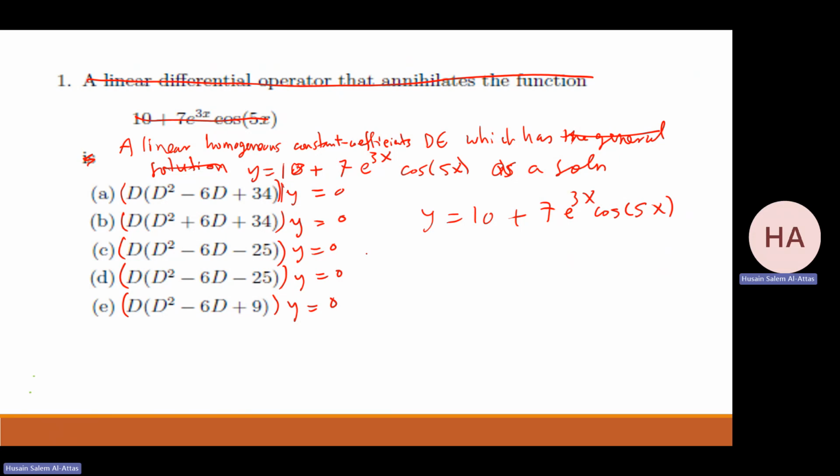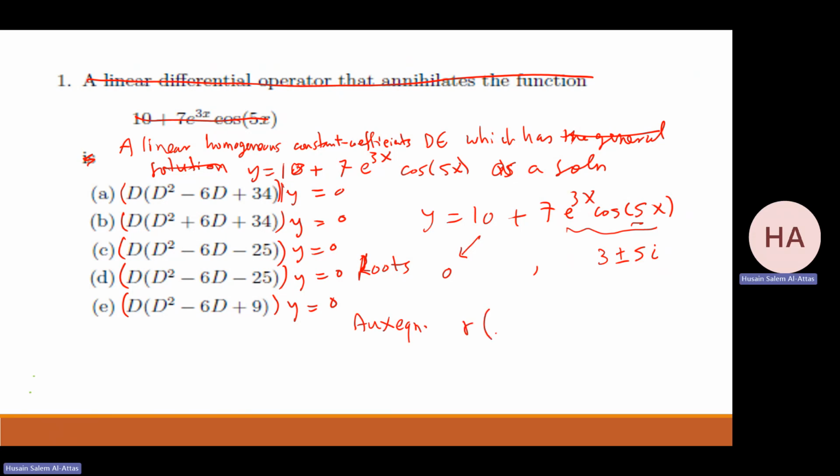What are the roots? 10 will give me 0. C1 only, and it takes C1 to be 10. This one will give me what? Which root? That will be 3 plus or minus 5i, because I know if it is cosine, then I have sine. So I need these. So these are the roots. So what will be the auxiliary equation?